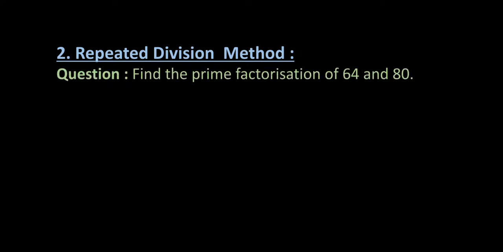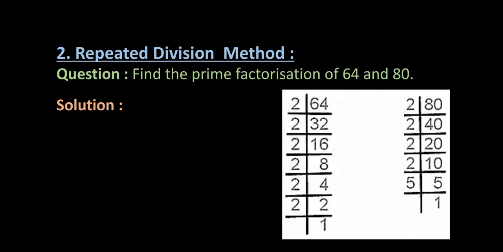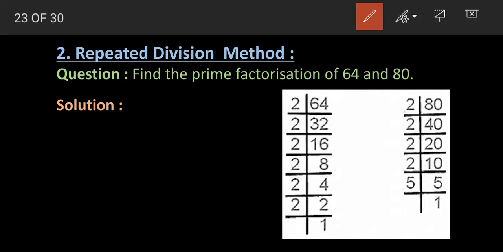Next, move to the prime factorization with the help of the repeated division method. Here again we select one question: find the prime factorization of 64 and 80. Here is the solution. We have to convert the composite number into prime numbers with the help of the repeated division method.